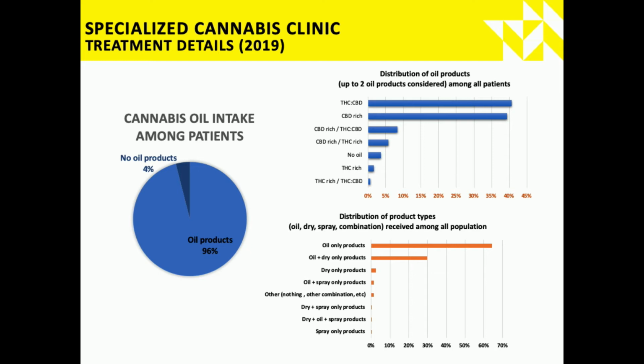When you vape or smoke, the effect of cannabis will only last 2 hours. Now, we have patients that use oil plus dry products, because the dry products, as we will learn, have a specific indication. But I don't want to anticipate that, because we'll talk more about it after.